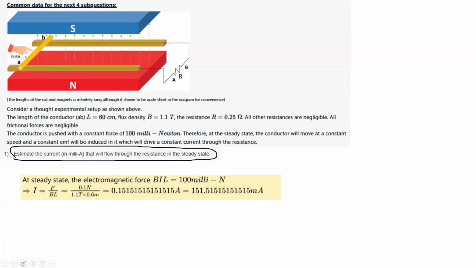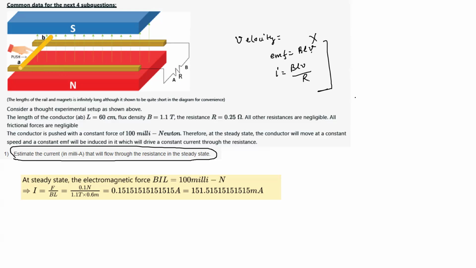There were two ways in which you could have done this. If they had given you the velocity, then you would know that the induced EMF is BLV, and the current will be BLV by R. This is one approach. But you will see that the velocity information is not given. So you have to understand that all the frictional forces are negligible, which means whatever force is being applied is totally used to induce the EMF.